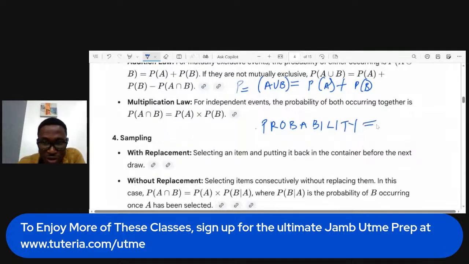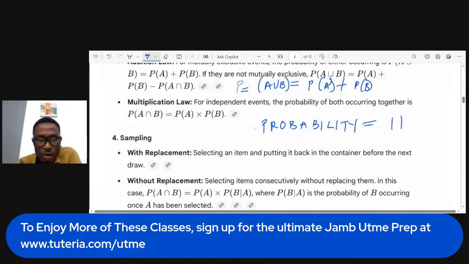The total number of possible outcomes is 11. Don't forget, the question says you have cut each letter, so in the box there are 11 letters. The question now says, what is the probability of obtaining a vowel?